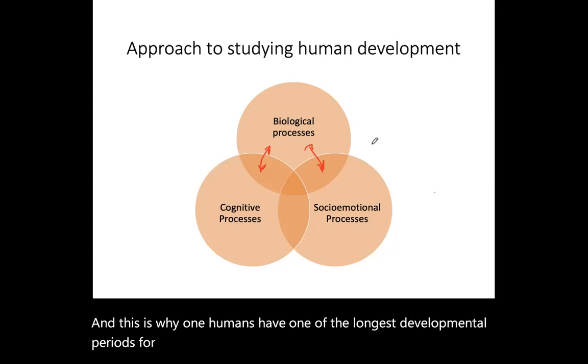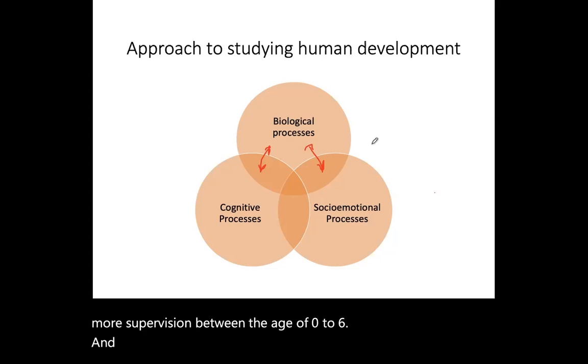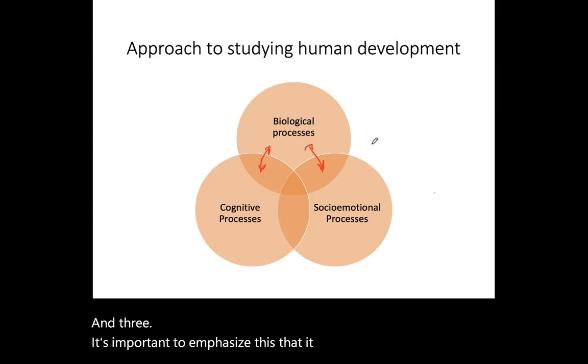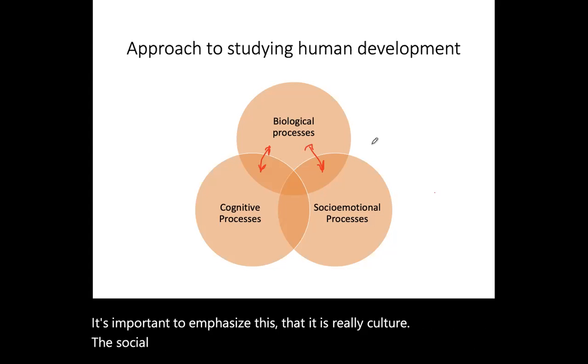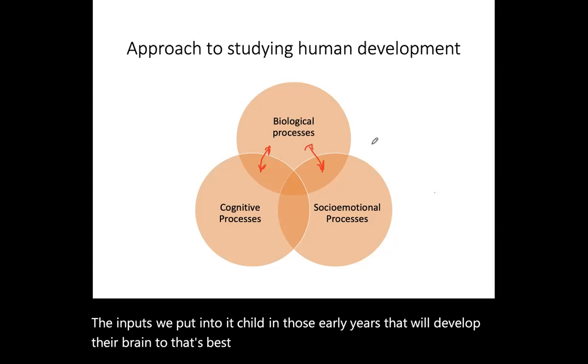Two, why human children need more supervision between the age of 0 to 6. And three, it's important to emphasize this, that it is really culture, the social world, the inputs we put into a child in those early years that will develop their brain to its best capacity, okay?